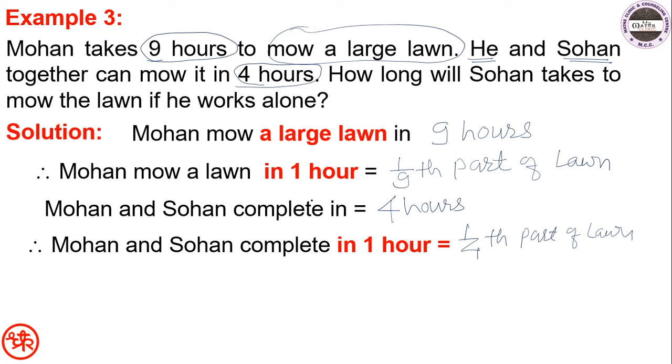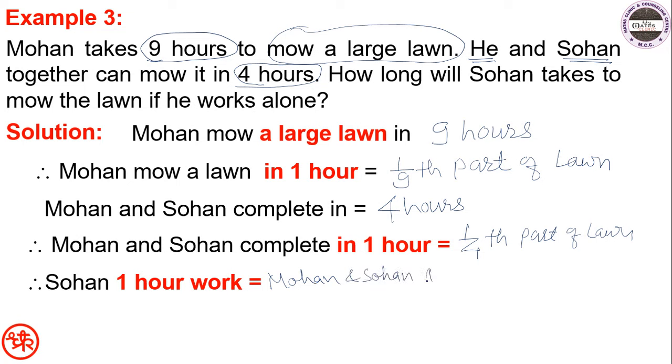Okay. Now Sohan's 1 hour work is equal to what? Mohan and Sohan's 1 hour work minus Mohan's 1 hour work.